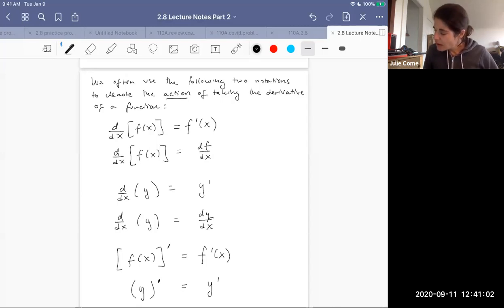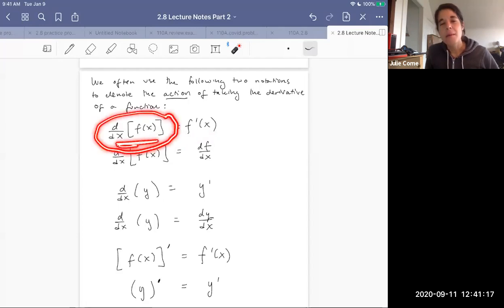One of the ways to interpret this, of course, is that it can be read as the derivative with respect to x of f of x. And notice I put over here equals f prime of x. On the left-hand side, this indicates an operation. The d dx, the derivative with respect to x, is acting upon the function. This is how we would indicate we're going to take the derivative with respect to x of the thing in here, f of x.